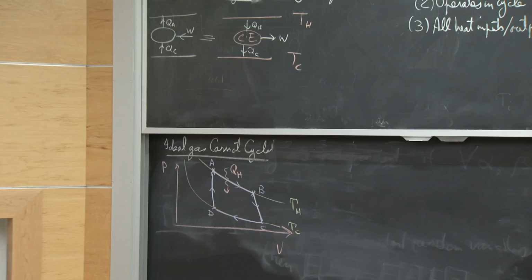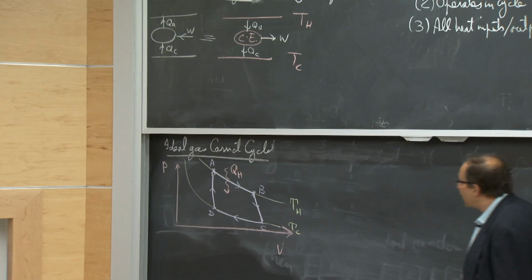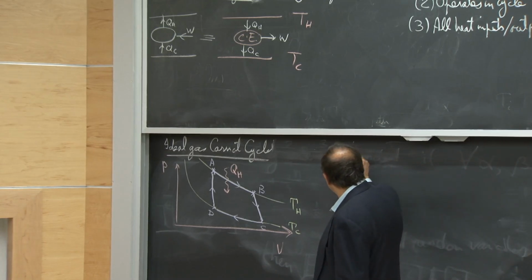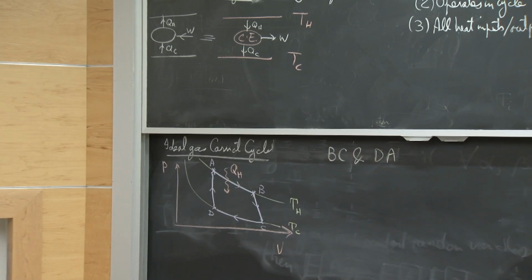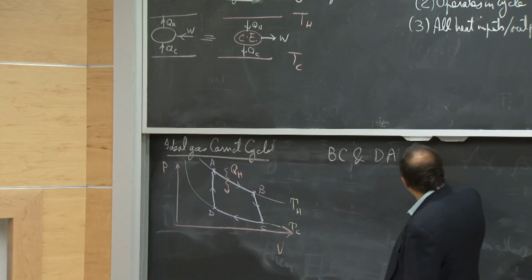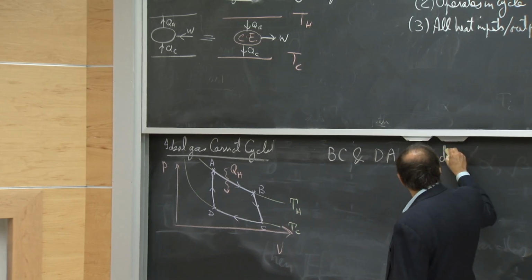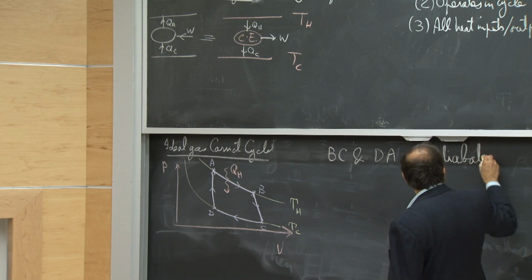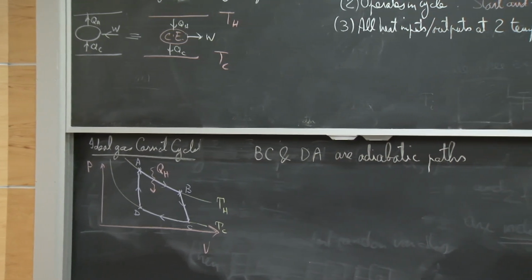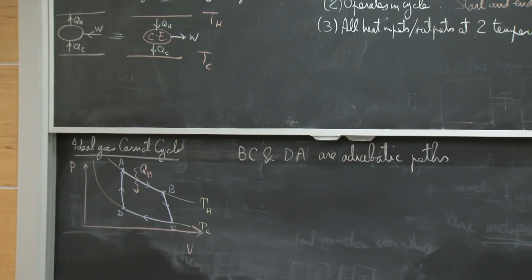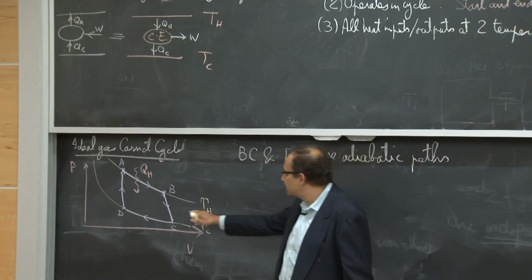So the paths BC and DA are called adiabats or adiabatic paths, in the sense that this is what you would get if you put your system in a container with these adiabatic walls that allows no exchange of heat.